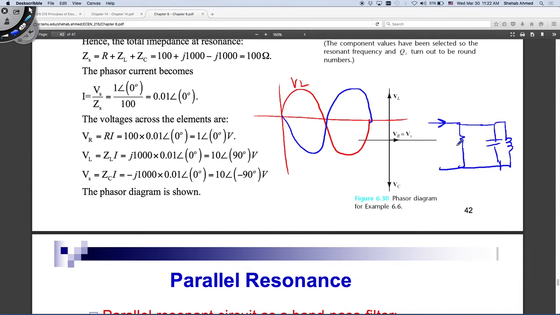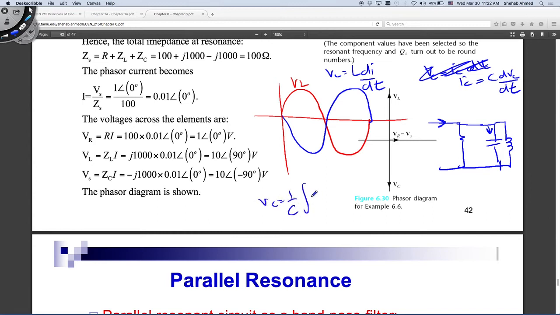If I have a current flowing through the capacitor, I will get a voltage across the terminals of the capacitor. IC equals C dVc by dt, and VL is equal to L di by dt. What is the capacitor voltage equal to? Vc is equal to 1 over C integral of IC dt.